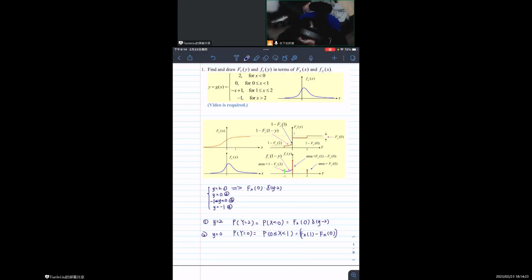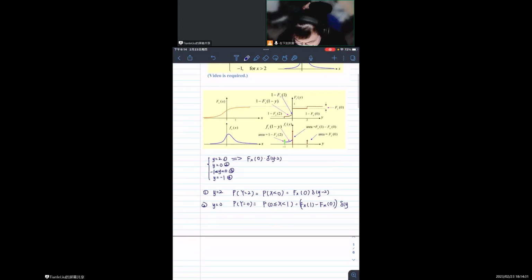So for this one, we have y equals 0, nothing difficult. We multiply it by delta of y equals 0, which doesn't need any plus or minus. The third one, we have y larger than -1 and less than 0.